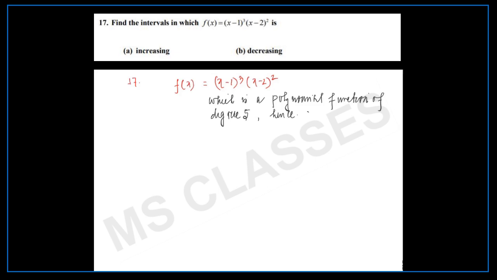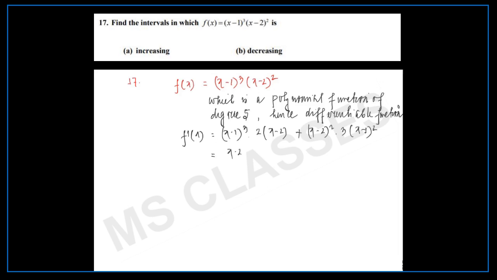Hence it is a differentiable function. Now differentiate: (x minus 1) whole cube into 2 into (x minus 2), plus (x minus 2) whole square into 3 into (x minus 1) whole square.